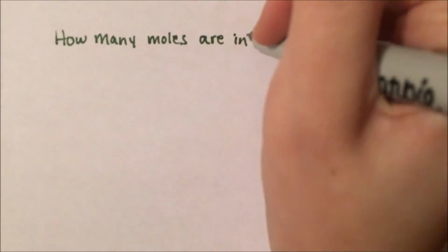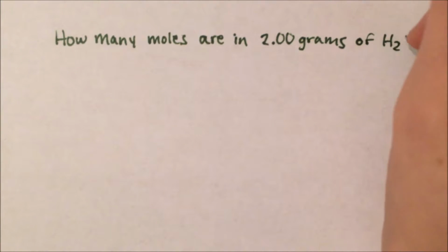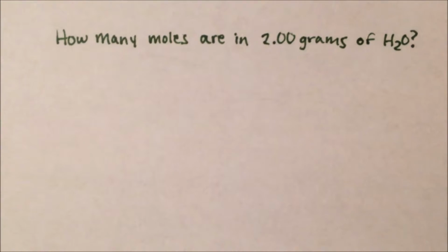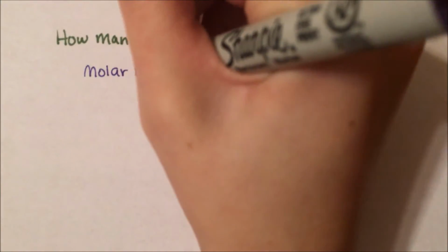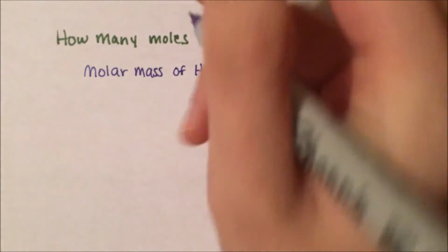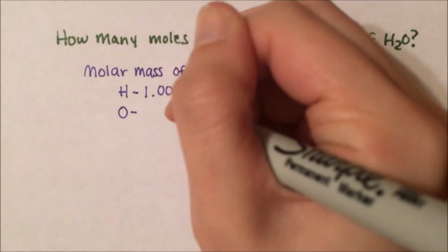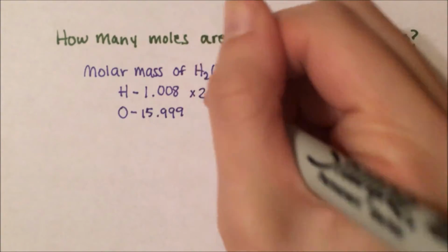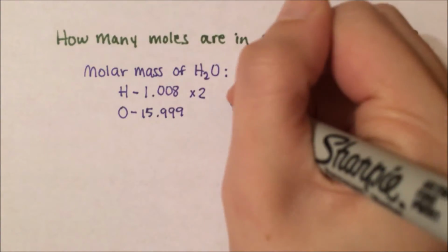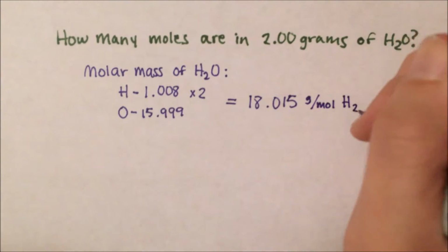For example, how many moles are in 2.00 grams of H2O? First, we will figure out the molar mass, which is the added value of the atomic mass of all the elements. Hydrogen's atomic mass is 1.008, and since there are 2 hydrogens, we multiply that by 2. Oxygen's atomic mass is 15.99. Add them together for your molar mass.